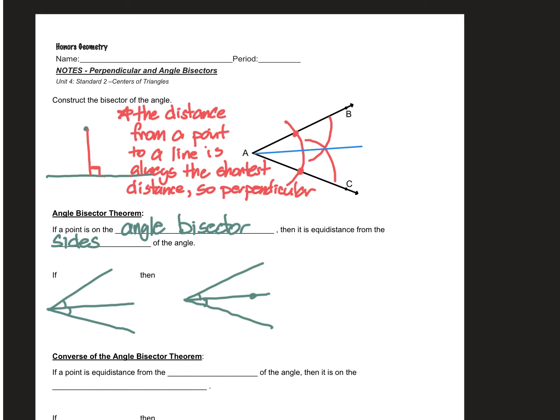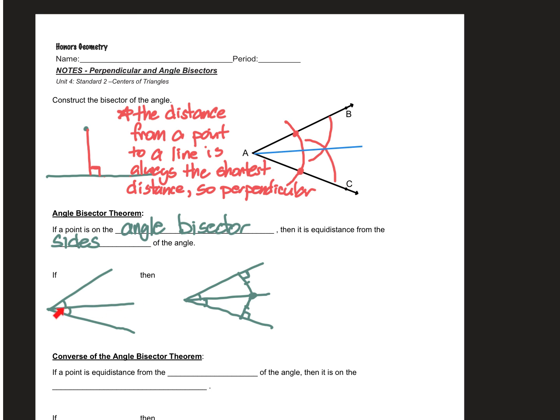So we're given this information. We have a point on the angle bisector. We now know that that point is equal distance from the sides, but the perpendicular distance, right? So like this.